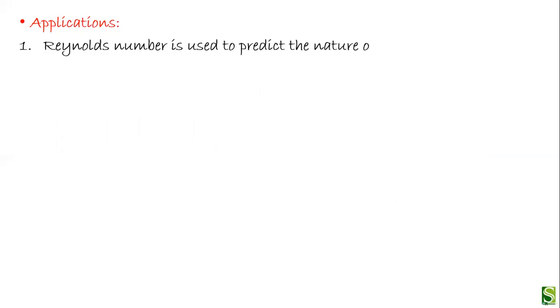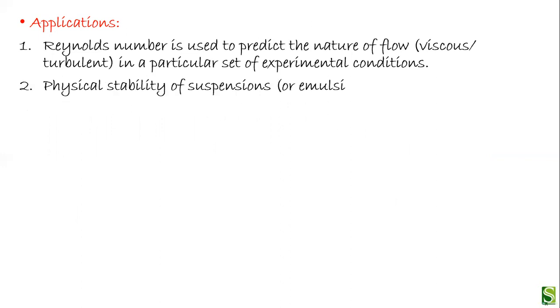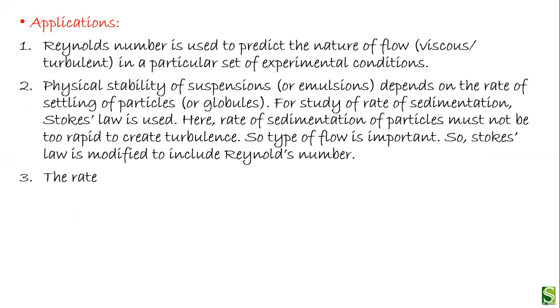So what is the application of Reynolds number? Reynolds number is used to predict the nature of the flow, that is, whether it will be viscous or turbulent in a particular set of experimental conditions. Also it helps to determine physical stability of suspensions or emulsions, as it depends on the rate of settling of the particles or the globules.